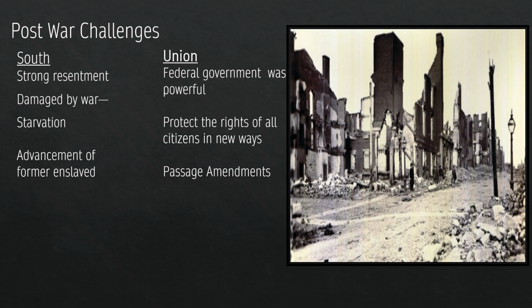Now, it does not say gender, or sex, whichever one you want to use. This does not include women. This only includes men. So these amendments are going to lay the foundation for civil rights in America. Their enforcement is going to be challenged for decades.